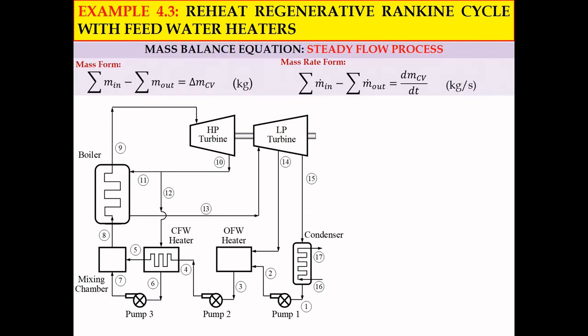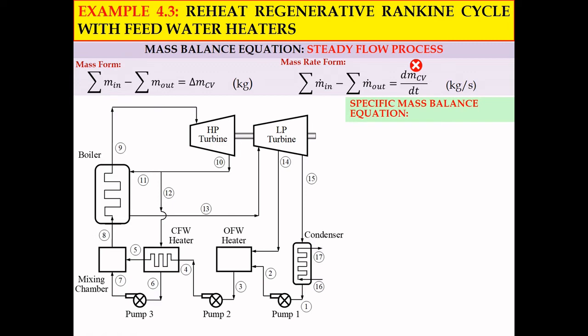We know the mass balance equation for steady flow process: first, the general equation, total m dot in minus total m dot out equals dm_CV divided by dt, in kilograms per second. For steady flow process, the term dm_CV over dt will be 0.